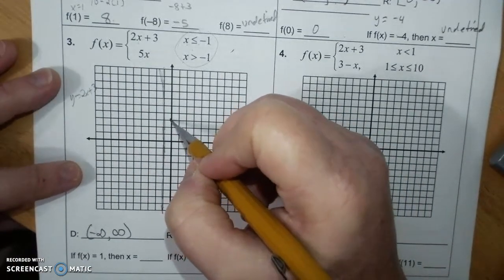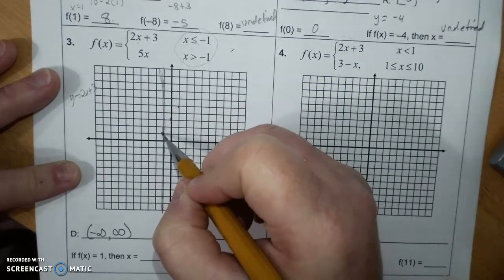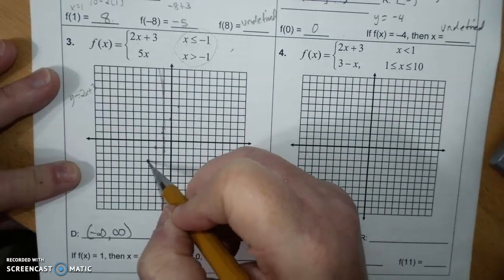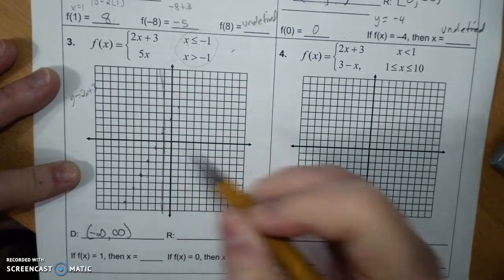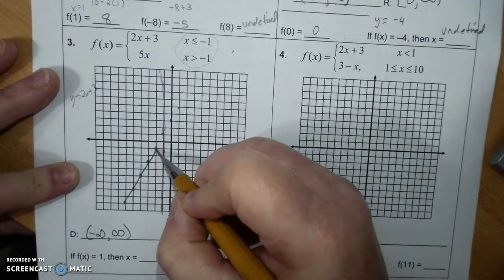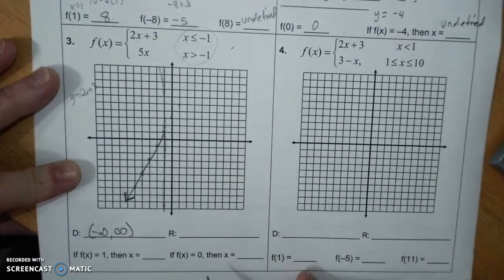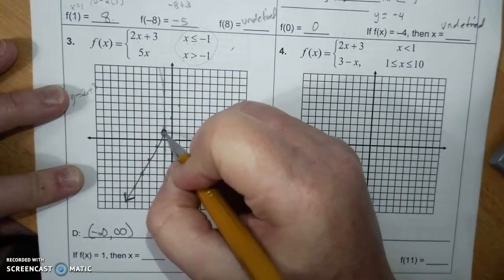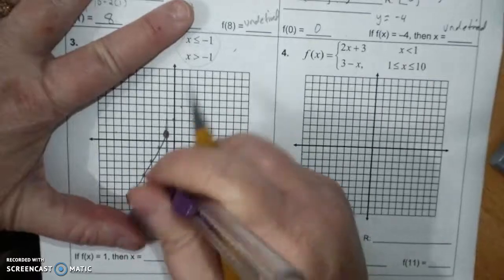And I'm going up to the right 1, but I don't want to go that way. I want to come this way. So I go here, and I'm coming down, following the negatives, or the slope. Okay, it's a line. To tell you that it is not stopping, I have to put an arrowhead. And then it includes negative 1, so it has to have a dot. And then I erase my fence.